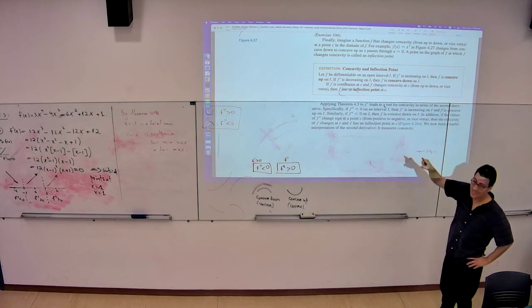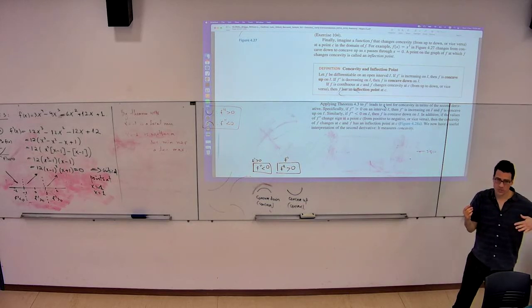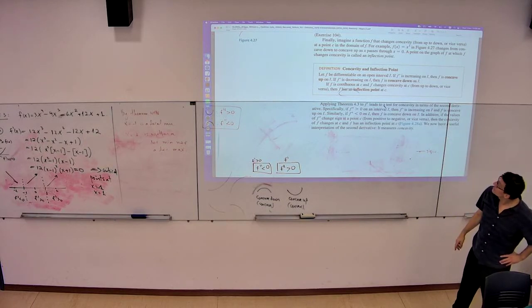If f prime is decreasing, meaning that the second derivative of the function is negative, then the function is concave down.